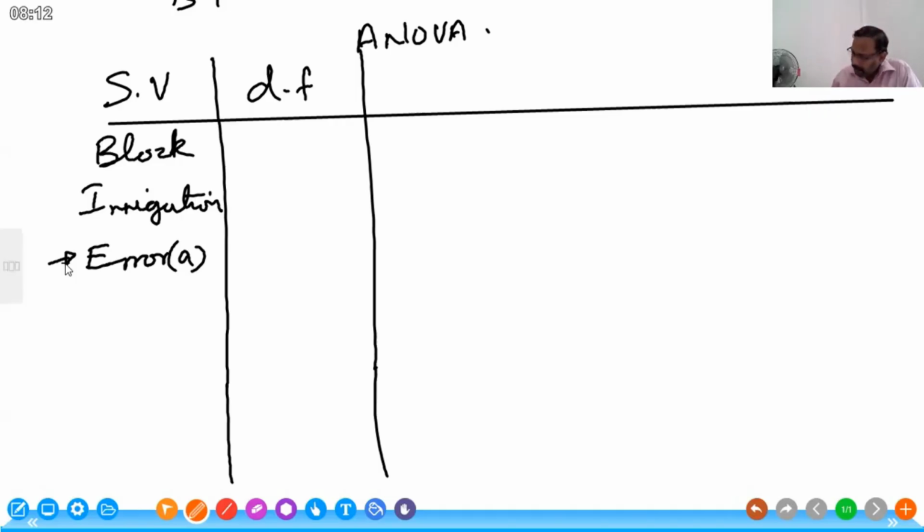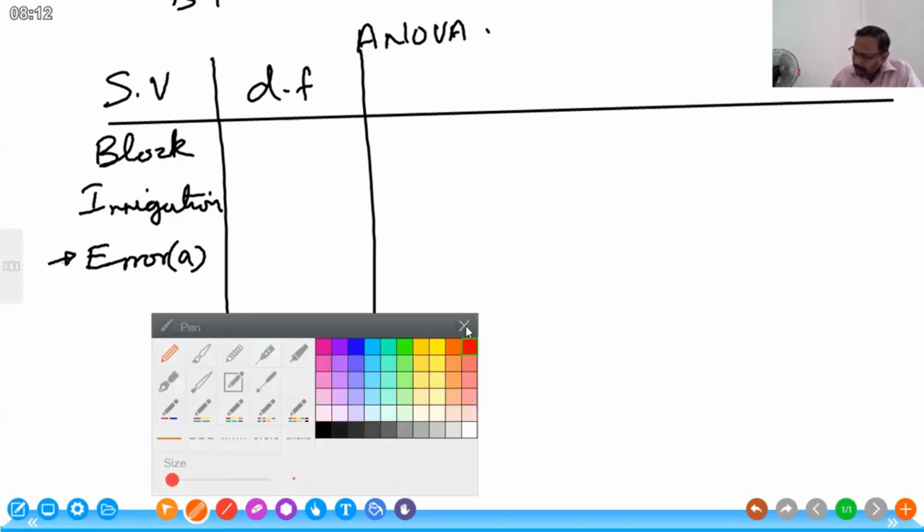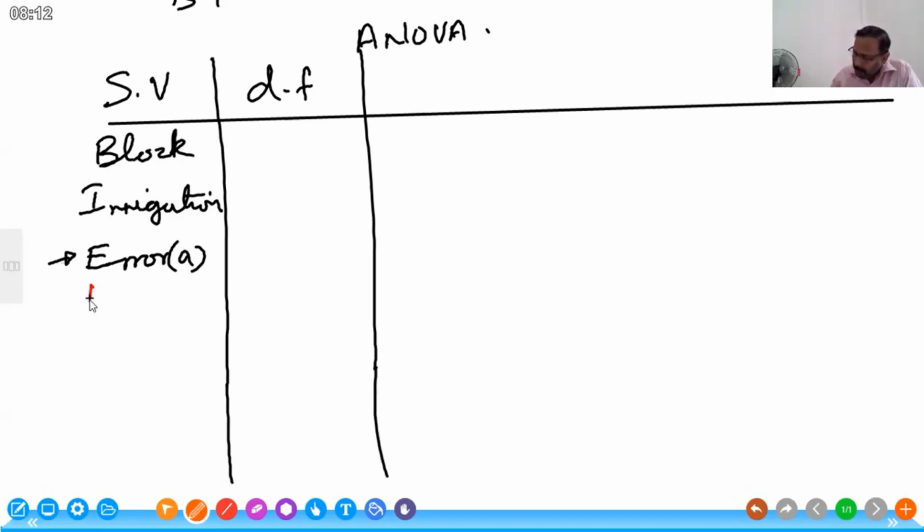Why? Because in calculation, this is the interaction between block and irrigation. The error is the interaction between block and irrigation. So that we cannot say it is error irrigation, right?